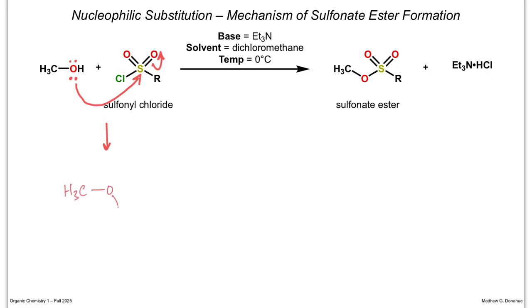Can you say again why the sulfur is electron deficient? So in this little periodic table here, oxygen and sulfur are in the same group. So their electronegativities are going to be kind of the same.